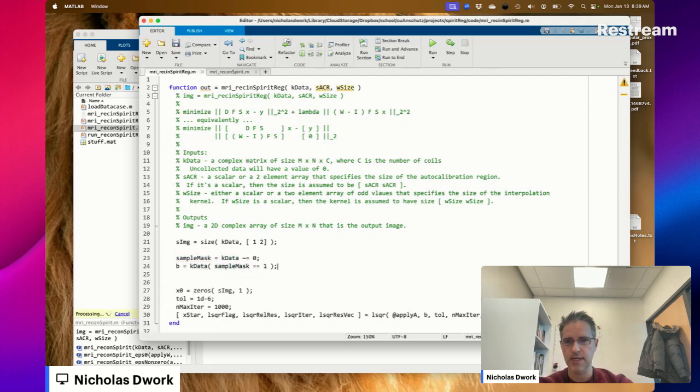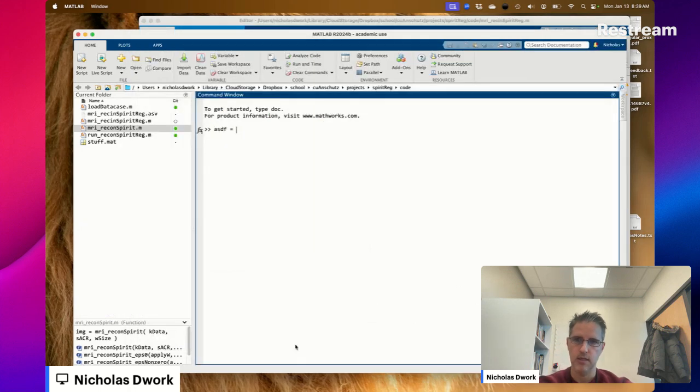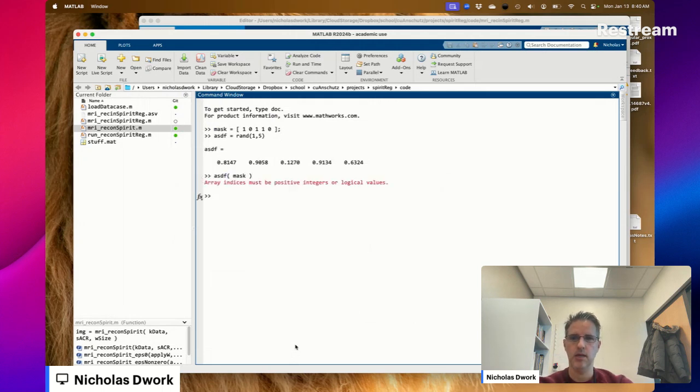I never did find out, do I actually need the equals 1 here or not? Looks like we do. That's unfortunate.